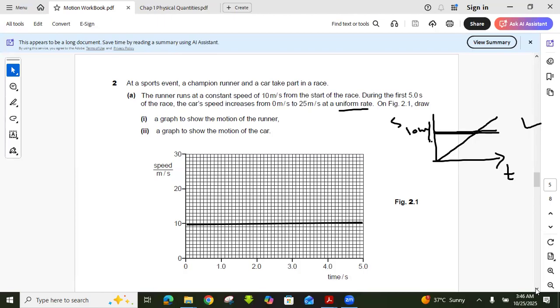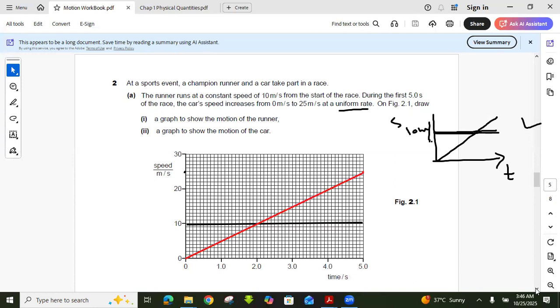So 21, 22, 23, 24, 25. So this is 25. Now I'm changing the color. That means I have to make a straight line till that point, till 5 seconds. So from (0, 0) till 5 seconds, this is the straight line.